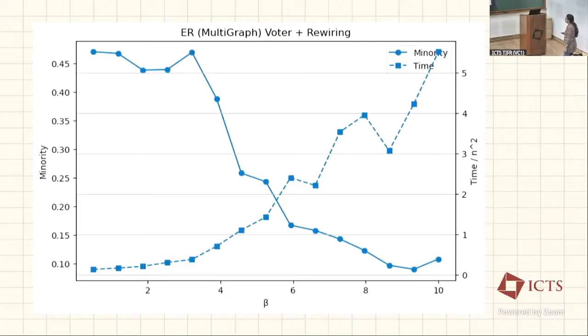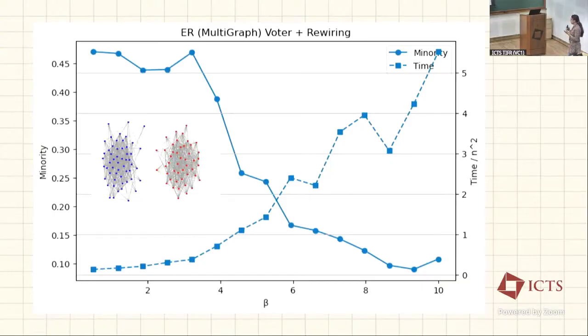With a smaller value of beta, we are getting the minority fraction around 0.45, and this is reached very much faster in time. That means we started with a network with randomly distributed opinions, but very fast it forms two clusters with completely different opinions.